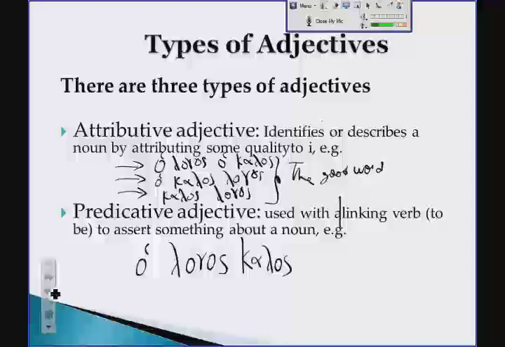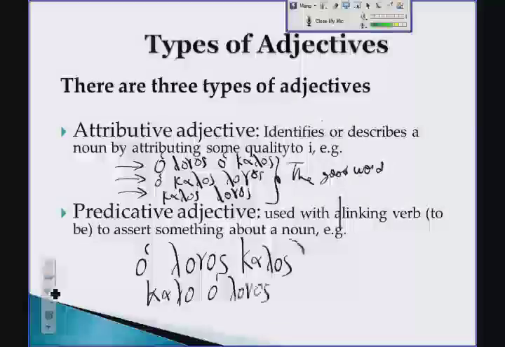In the predicative, the theory is simple. The adjective is situated outside the article and the noun, the noun and its article. It can be kalos ho logos.